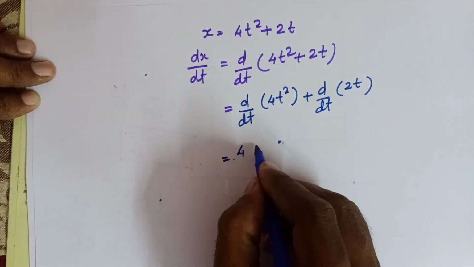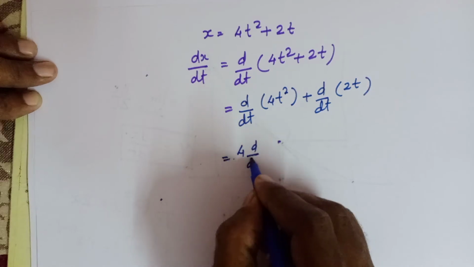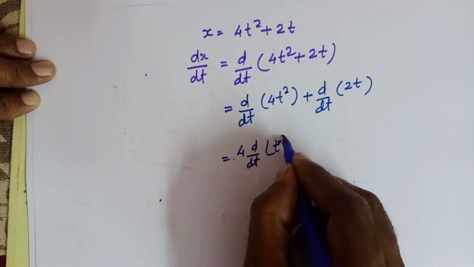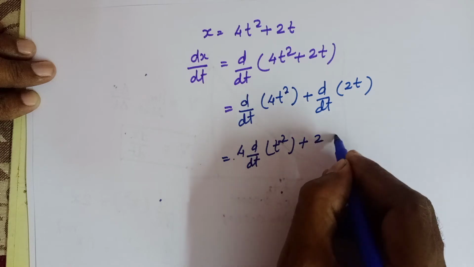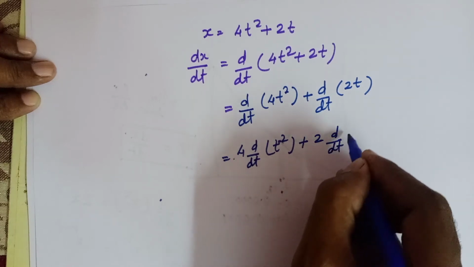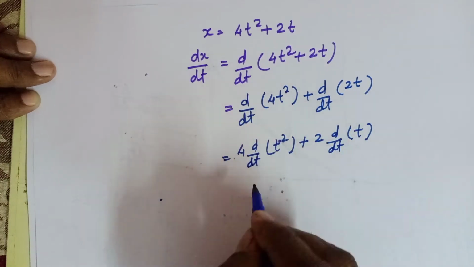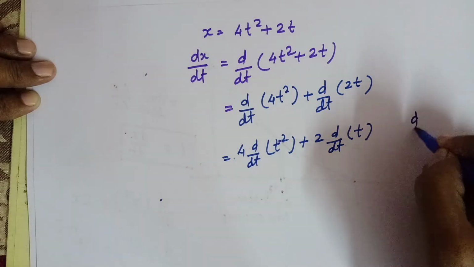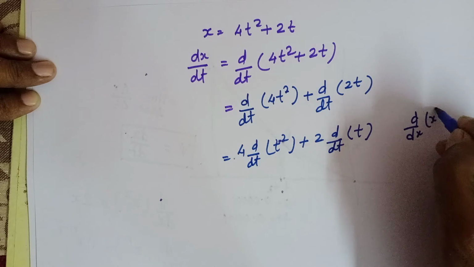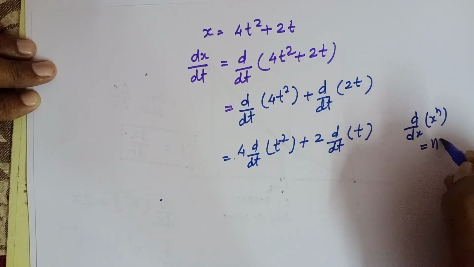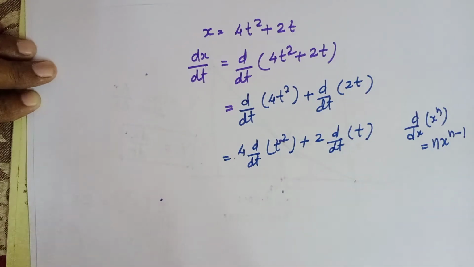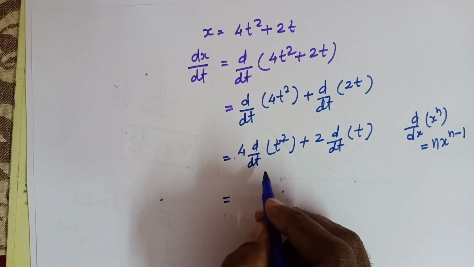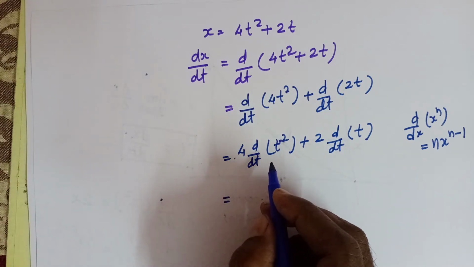4 is constant, take it outside the sign of differentiation. t square plus 2 is constant, d by dt of t. Here we can apply the formula, that is d by dx of x to the power n is equal to n x to the power n minus 1. So here we will apply it, but this time the differentiation is with respect to time.